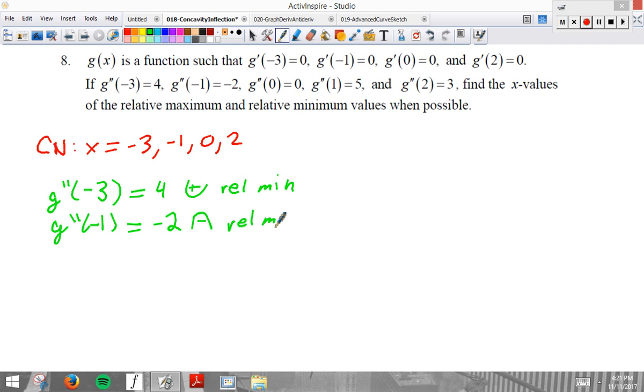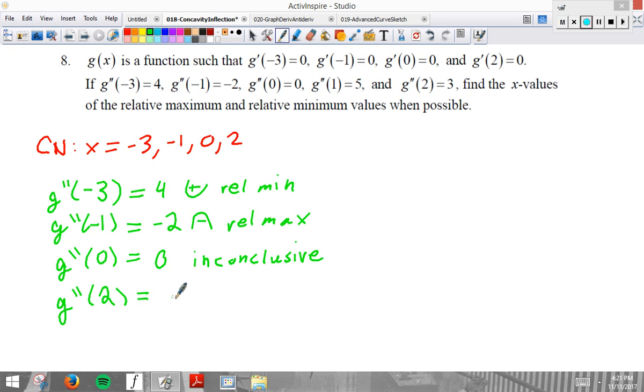That's a relative max. g double prime of 0 is 0, and again, whenever we have a 0 in our second derivative, we would say this is inconclusive. This tells me nothing about whether it's a relative max or min. We just can't decide. And finally, g double prime of 2 is 3, which is a positive number, so it's a relative min.